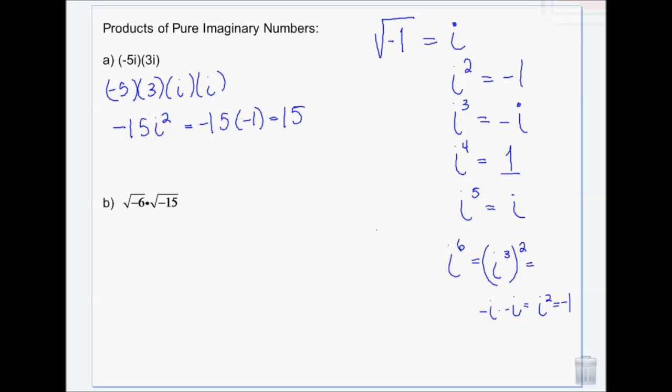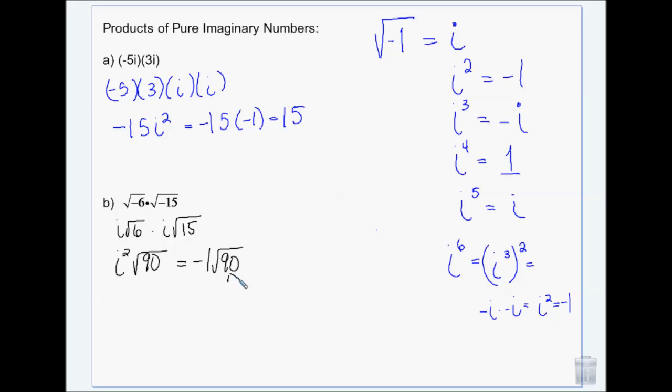I forgot you can't. You can, if it was just the square root of 6 times the square root of 15, then I can. But I forgot you cannot do that with negatives. So I have to take the i's out first. So the i times i is going to give me i squared, and the 6 times 15 is going to give me the square root of 90. And i squared is negative 1. So I'm going to have negative 1 times the square root of 90.